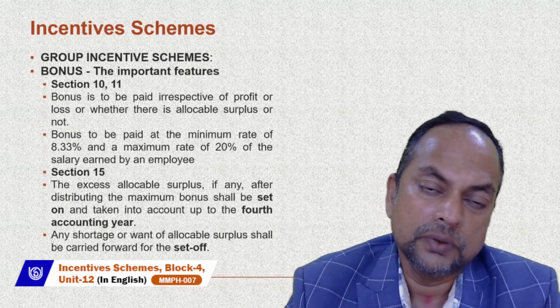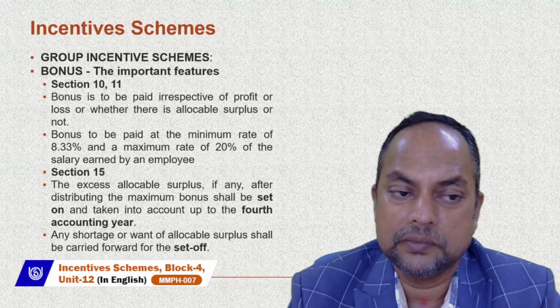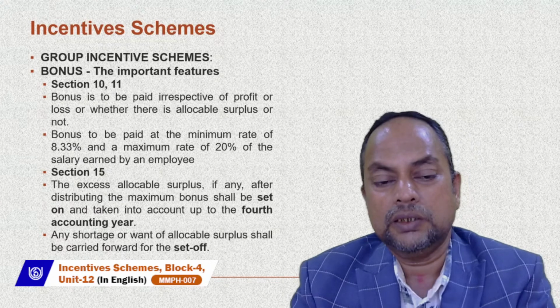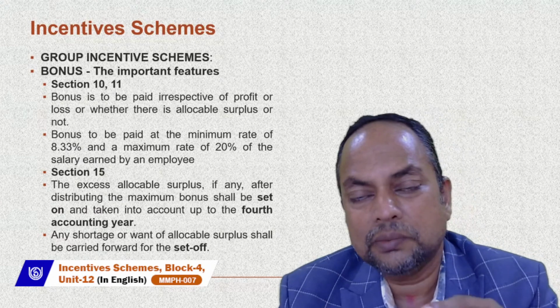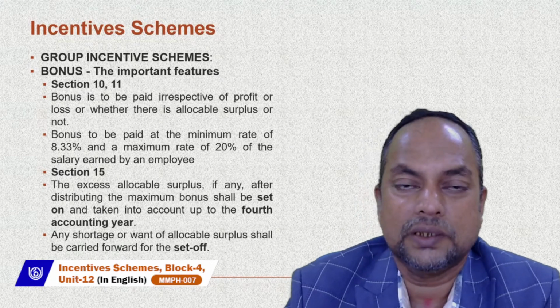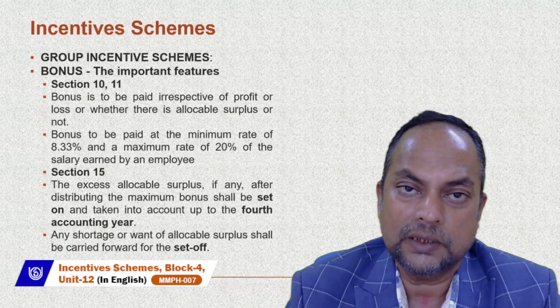In the next accounting year, again the same situation may happen. And in the other case, if the allocable surplus is less than what is required, there will be a shortage.